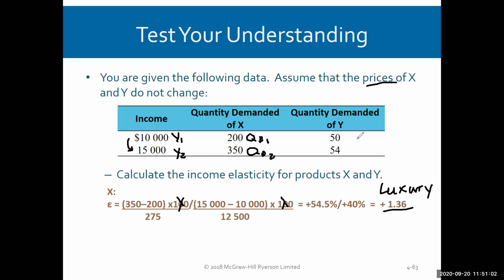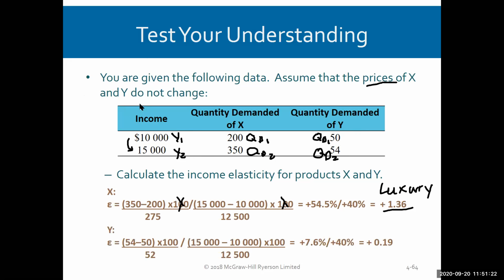So let's calculate the income elasticity of the second one. Again, we have to make sure we know this is QD1 for the second one, QD2 for the second one, for Y I mean. And we just go QD2 minus QD1 over the average, Y2 minus Y1 over the average, and let's see what they get for that one. They calculated it out and we get 0.19.